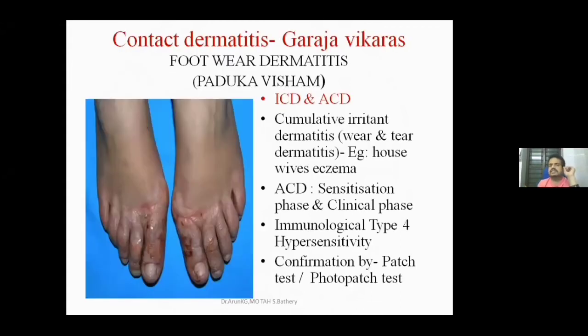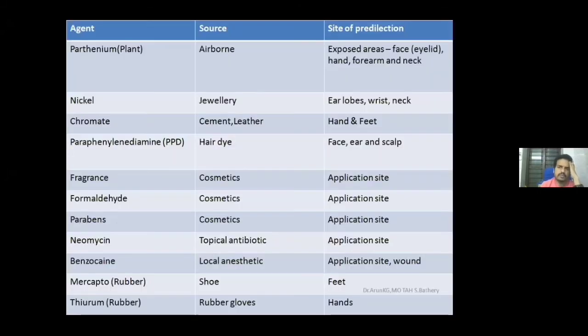Contact dermatitis also appears in our OPD very frequently. A very common one is foodware dermatitis. Actually there are so many causes. Parthenium is very common here in our hilly area, Wayanad, and cases are very familiar.